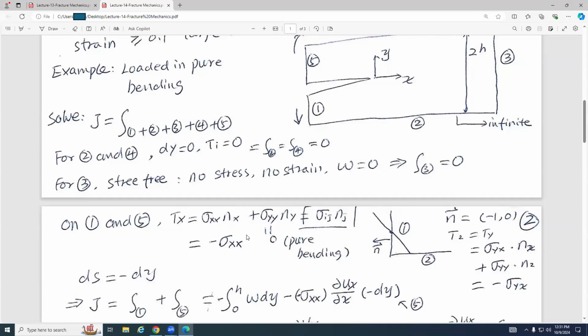Then we take a look at what nx and ny are. For the fifth one and the fourth one, the outward unit normal is n equals -1, 0. Do you guys agree?